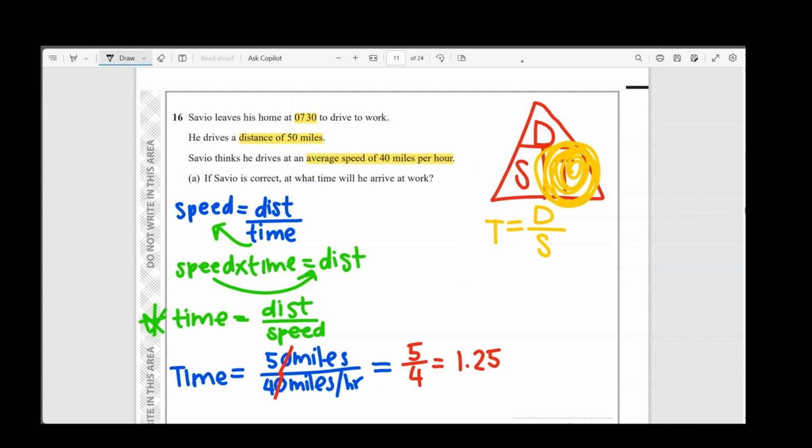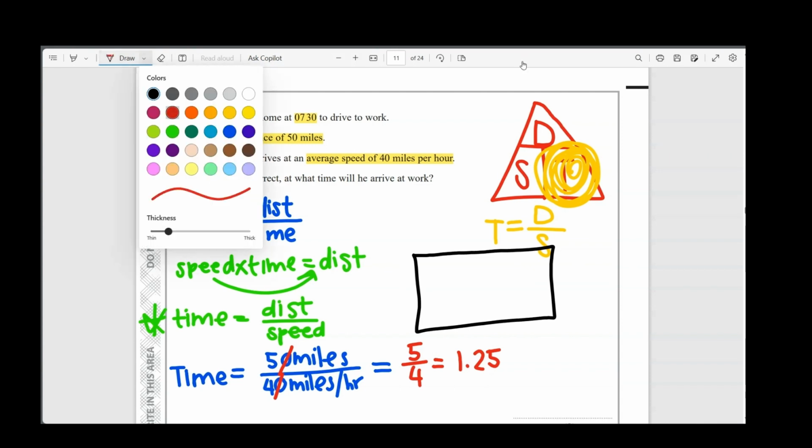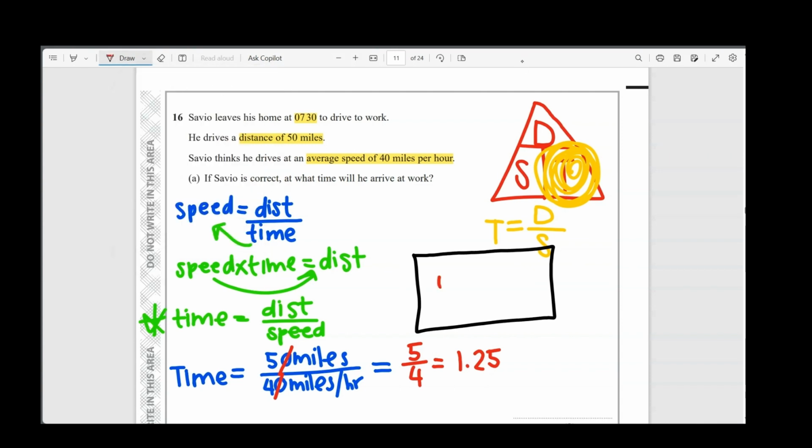So you would have, let's just make a little block here for some space. Okay, what you're going to do is you're going to say 5 divided by 4. We know it's going to be a decimal, or we think it's going to be a decimal. So we're going to add in a decimal place straight away and some zeros.